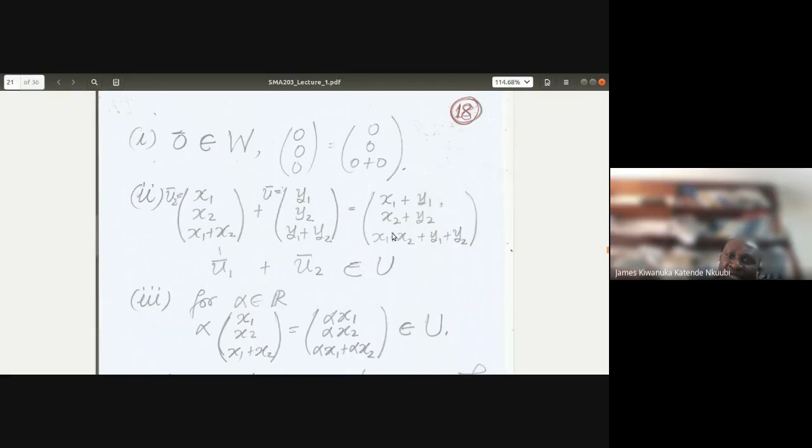If you look carefully, the third component here is actually the sum of the first two. So our vector is in W. If you pick any two vectors in W, we still end up with another vector in W.